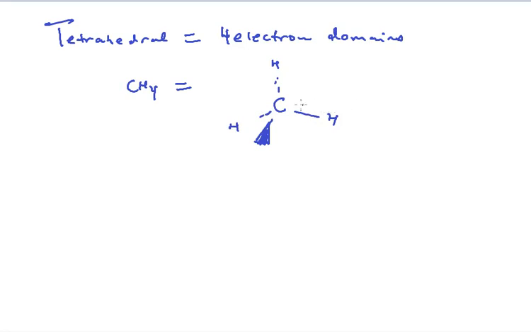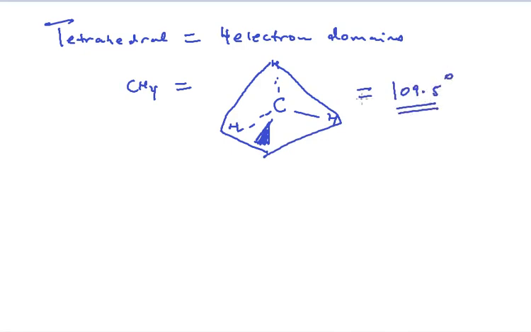They are not in the same plane, so repulsion is minimized. This gives you a tetrahedral structure with an approximate angle of 109.5 degrees. However, depending on the lone pairs, some geometries are still considered tetrahedral but don't necessarily have an angle of 109.5 degrees.